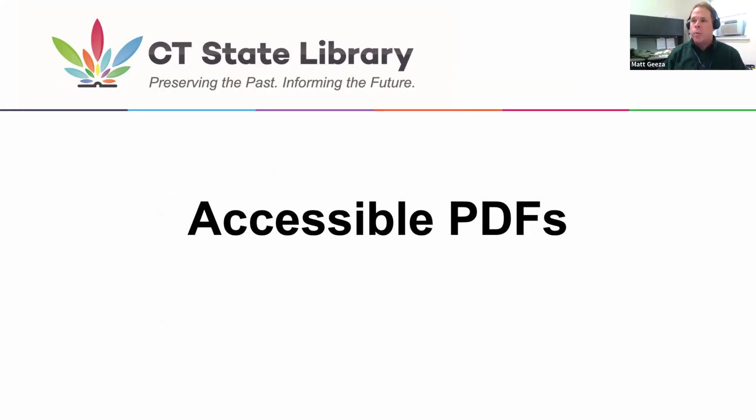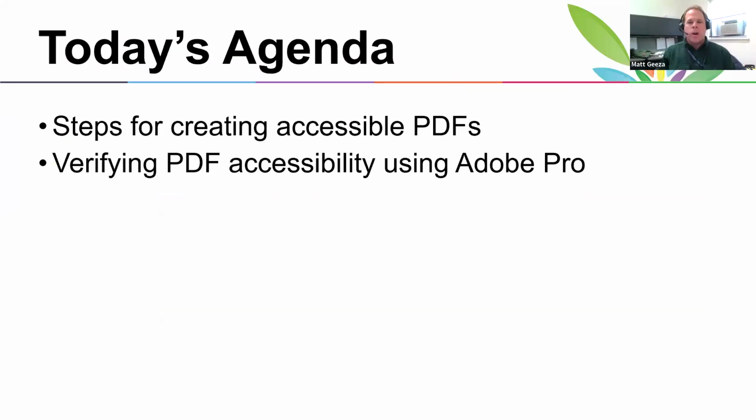So today's agenda for our presentation is we're going to look at the steps for creating accessible PDFs and really cover an introduction to what the process is like for verifying PDF accessibility using Adobe Pro DC. If you're not familiar with Adobe Pro DC, it is a software application that does require purchase. It's not free like the Acrobat Reader.